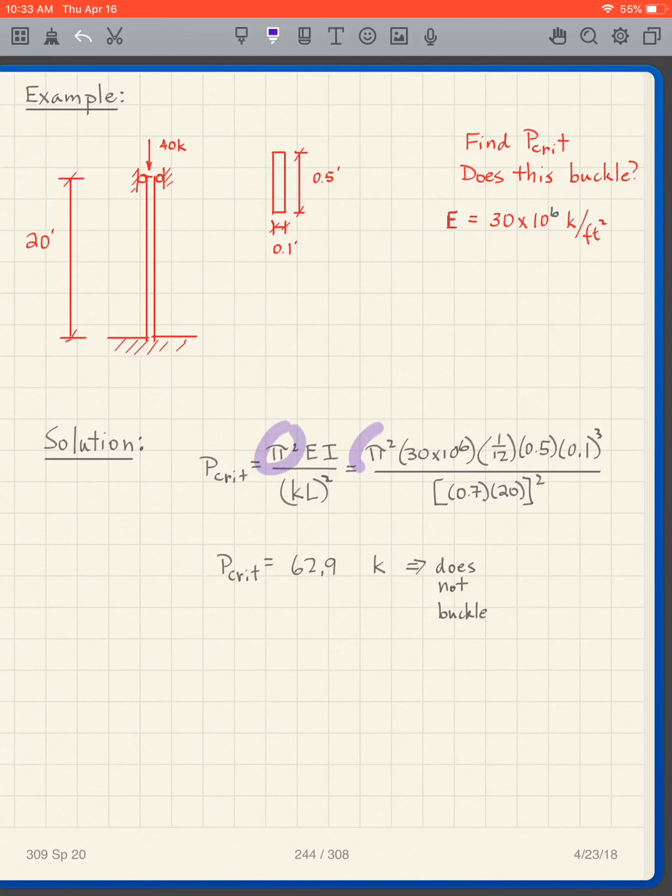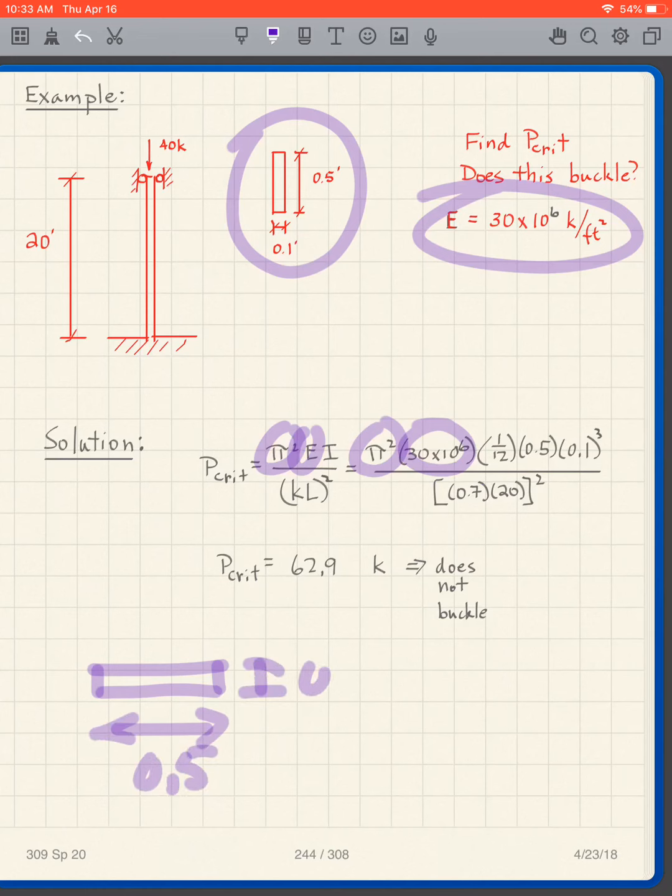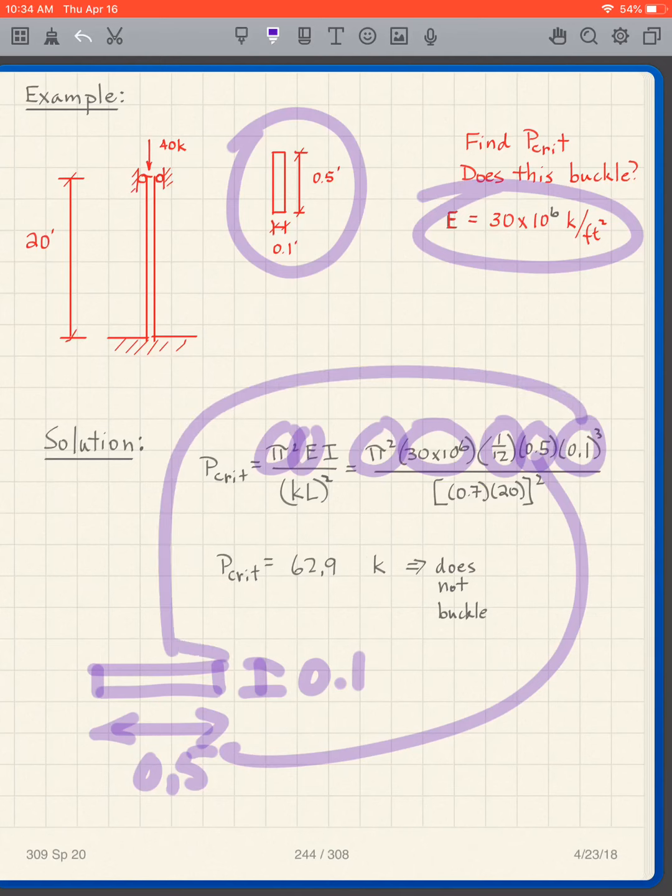Then we have pi squared, and E is given. And then what is my I? To do the I, I don't want to use it like that. I want to do it this way: 1/12, b is 0.5 from there, times 0.1 for h, cubed.